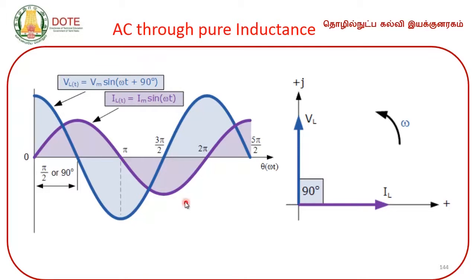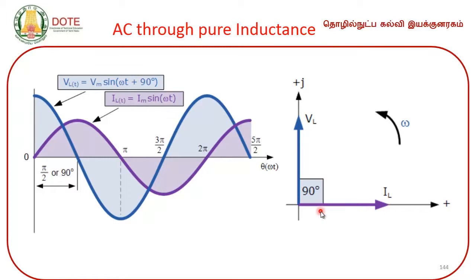Okay, so this information is shown in the phasor diagram. You can see that the current wave is shown on the x axis, and the voltage wave is shown on the y axis. So what is the difference? The phase angle difference is 90 degrees, right?